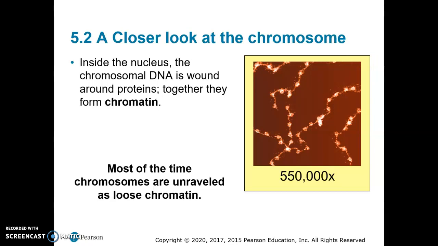So if you were to open up the nucleus of a cell, you would find both DNA and protein. And when those two are together in the cell, which is normally how they occur, that is called chromatin. Just a slight variation in terminology, but that means DNA plus the histone protein that they are wrapped around.